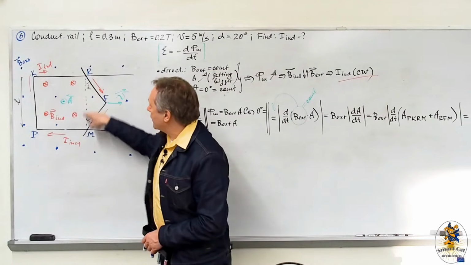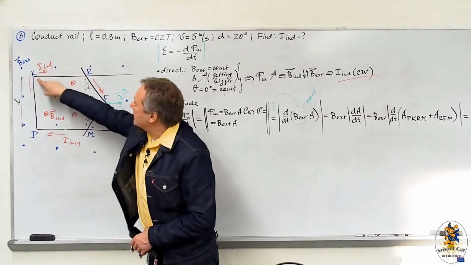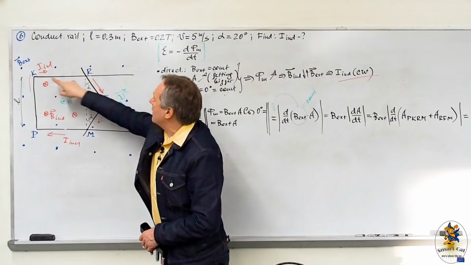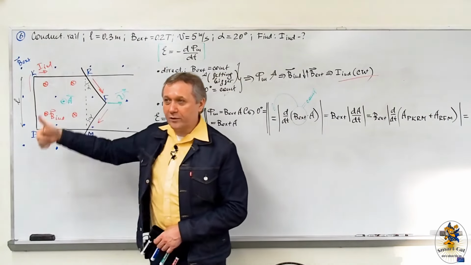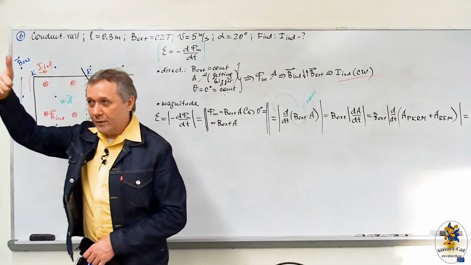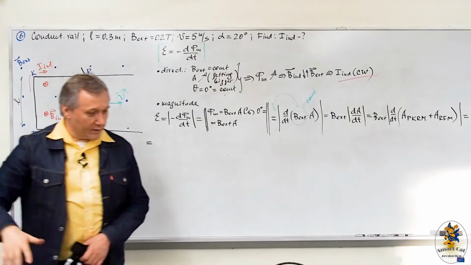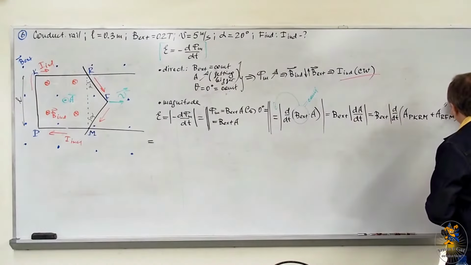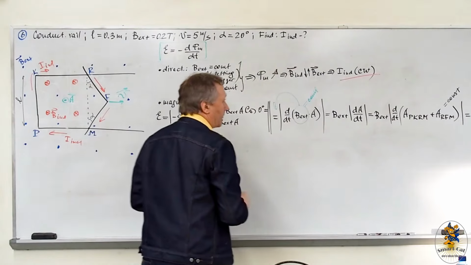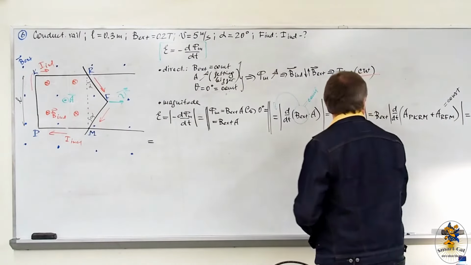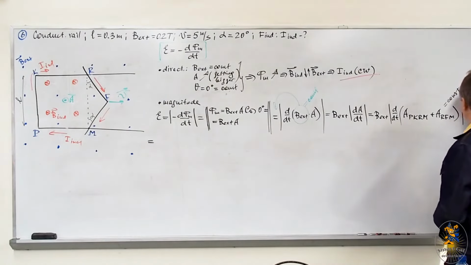But the distance KR keeps increasing all the time, so the area of the rectangle is growing, while the area of the triangle stays constant.